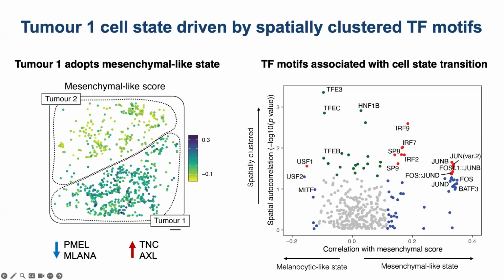To make a long story short, some of these TF motifs, like JUN and these IRFs, are also clustered together spatially, which suggests that maybe there are local microenvironmental pressures, or maybe epigenetic inheritance through cell division, forming these little niches that push the tumor to this dedifferentiated state and also exclude that particular T cell clone from engaging with it. So this is an example of differences in cellular organization driven by disease context.